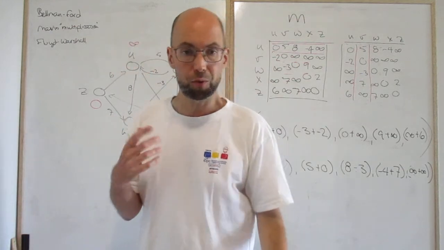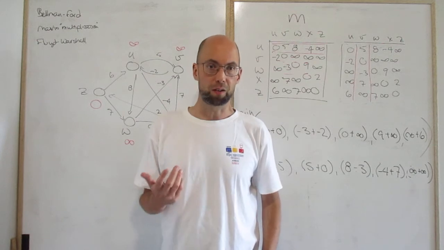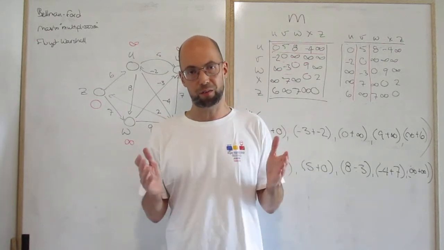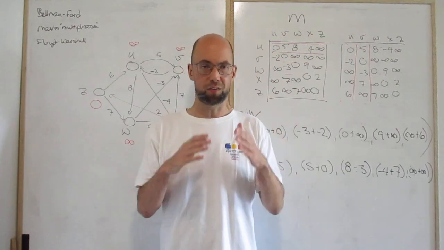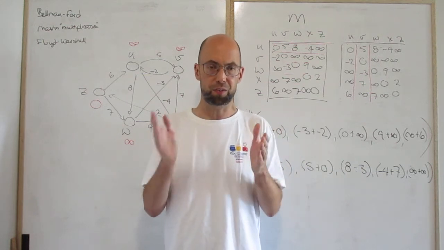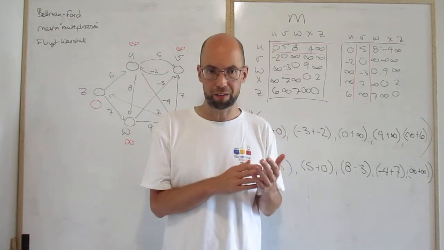So you just do repeated squaring, and you have to do it a logarithmic number of times. As long as there are no negative weight cycles, the shortest path between any two vertices is always of length at most n. Therefore, if you're doubling the maximum length each time, you have to do about log n squares.